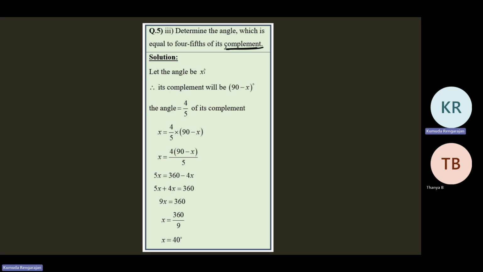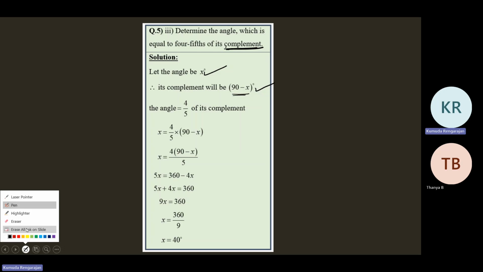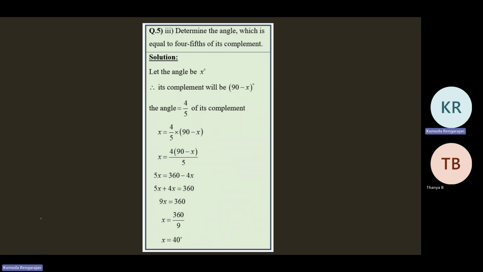Complement. So let one angle be x degrees and its complement is 90 minus x degrees. So that's about the assumption. Now constructing the equation in words and then converting that to a mathematical equation. It's given that the angle is equal to 4/5 of its complement. Now let's convert. Using this, we are going to make the mathematical equation.